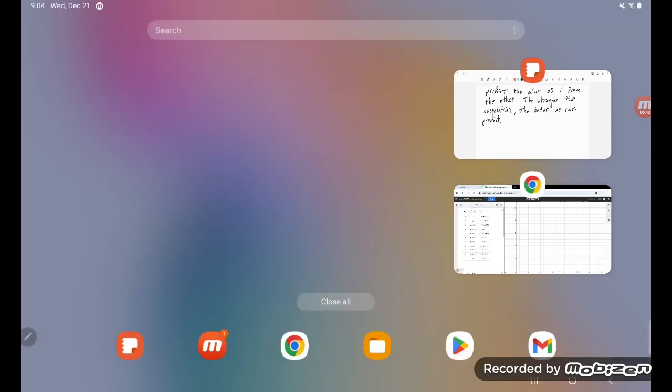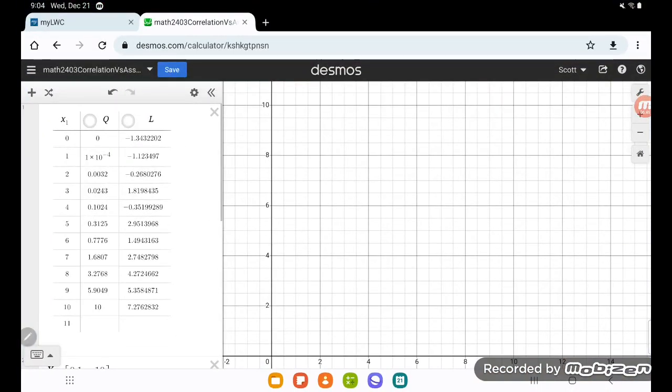Okay, so let's look at some Desmos stuff here. I have some x values from 0 to 10, so 11 values. And then I have two different sets of y values.